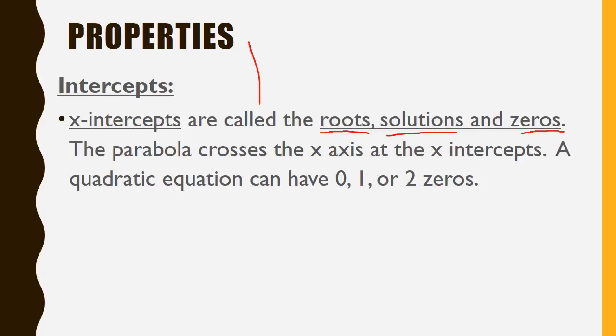So this is an example of a parabola that has no zeros or no x-intercepts. So in this case, we have 0 roots, 0 zeros, or no solutions. Now, this is an example of a parabola that has 1 solution because the parabola crosses the x-axis at 1 point.